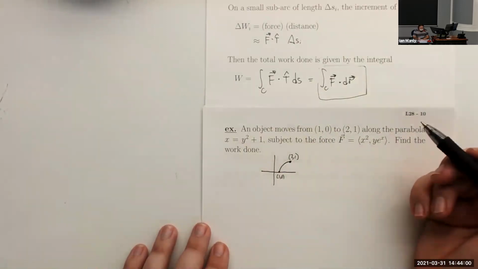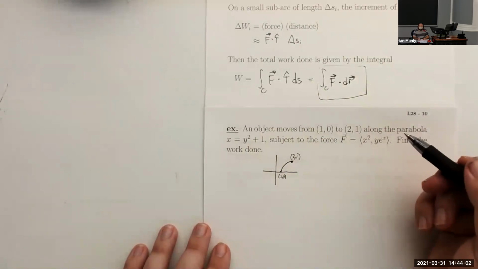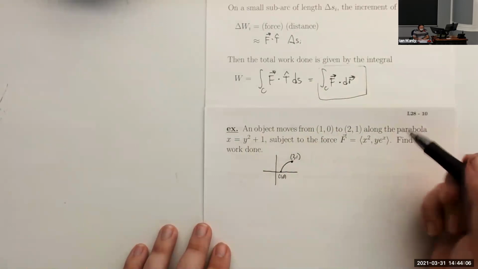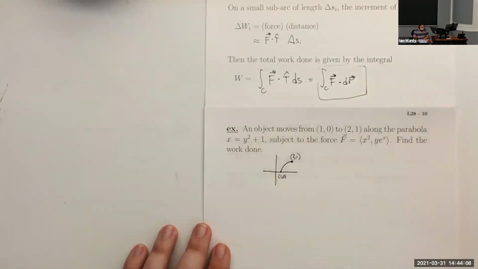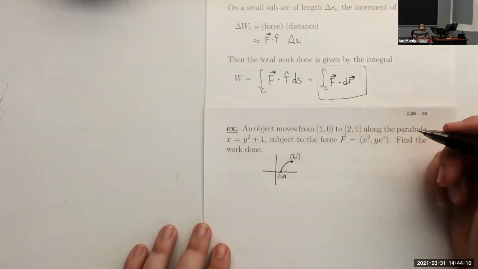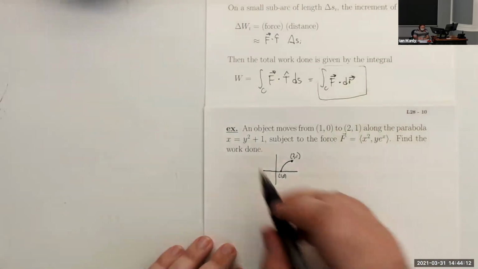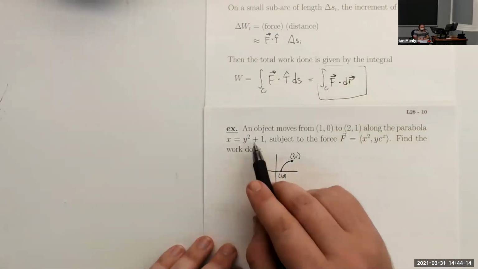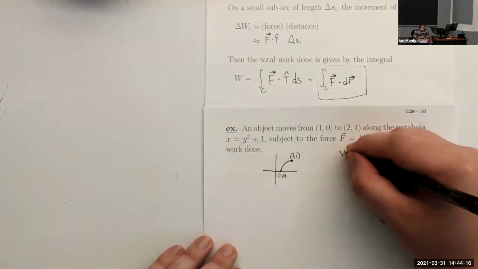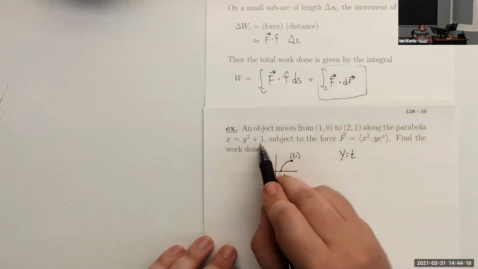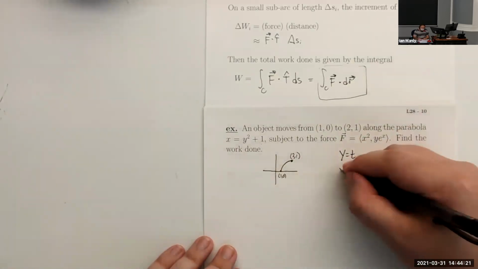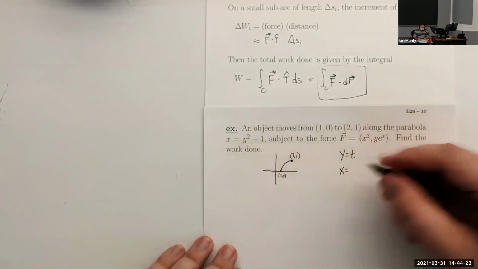All right, now when we do line integrals, we usually want to find a parameterization of our path. So what would a parameterization of this path be? Well, this is what I like to call the dumb parameterization. If you have one variable as a function of the other, you could just have the variable involved with the function being t, and then the other variable being whatever the function is.